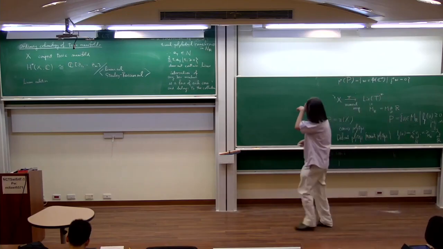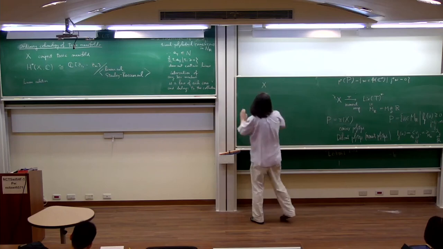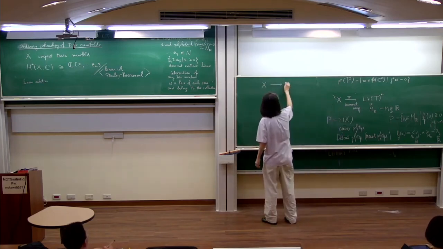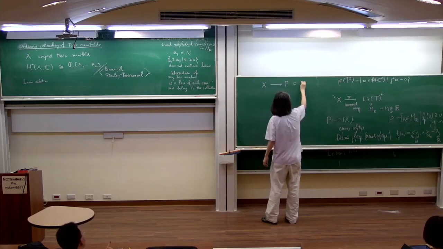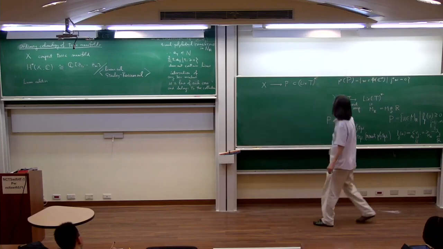Okay, so now I have the following. So X is a complex toric manifold, and here I have a moment map pi to P, which is actually in the real dual space.